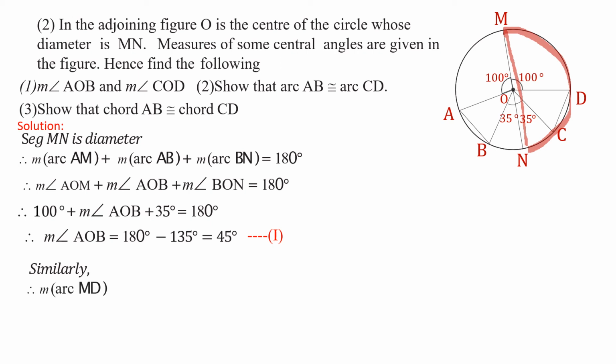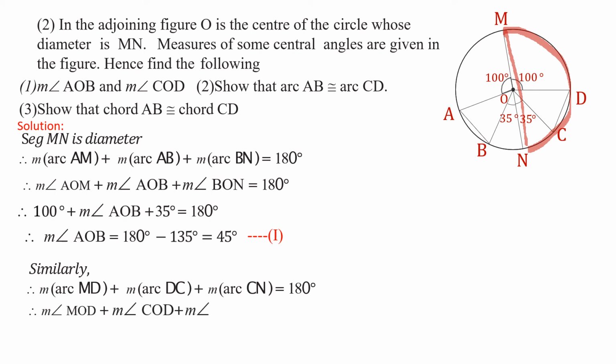Arc MD plus arc DC plus arc CN is equal to 180. Arc MD is equal to angle MOD. Angle MOD plus COD plus CON is equal to 180 degrees.